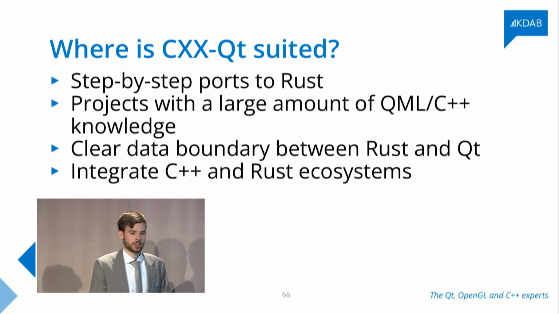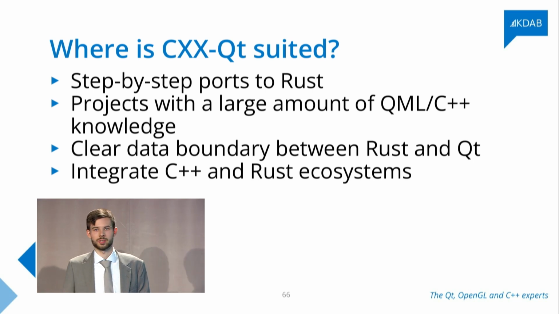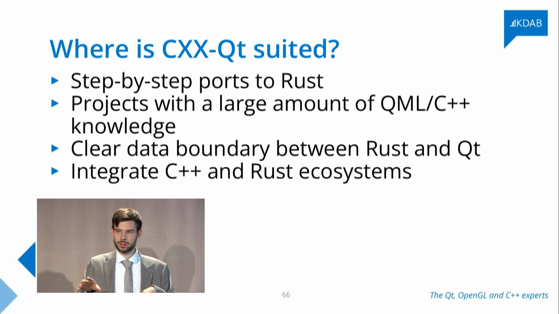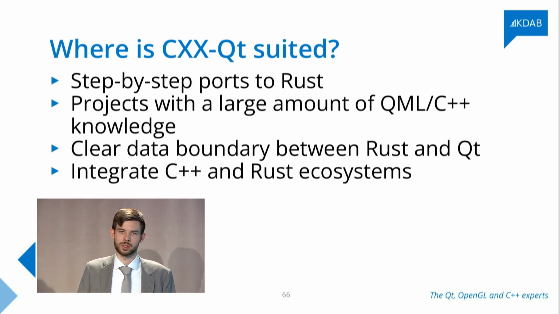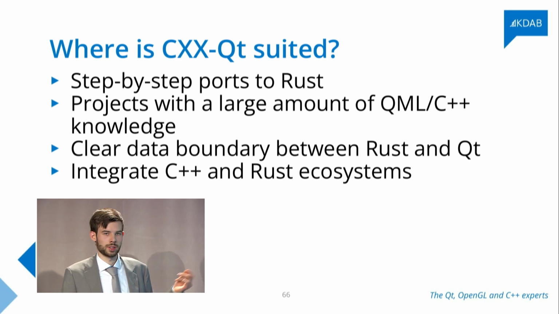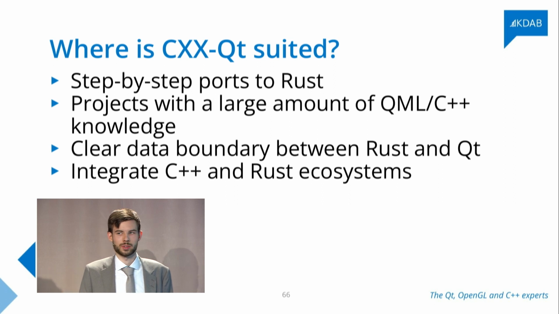We also recommend that you actually have a clear data boundary between Rust and Qt. If you just want to randomly throw stuff over to Rust and then get results back, that's really not what CXX-Qt is meant for. And because we're that opinionated about what we allow you to do, you'll probably also find it very hard to do.